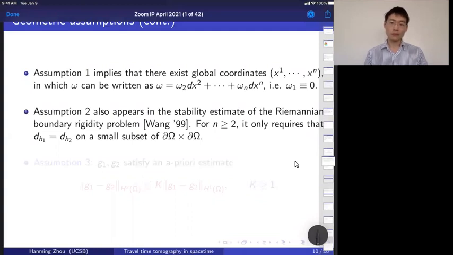In that sense, this set of pairs of points on the boundary, where the vector determined by these two points is almost normal to the hyperplane, is a very small subset of partial omega cross partial omega in terms of measure.